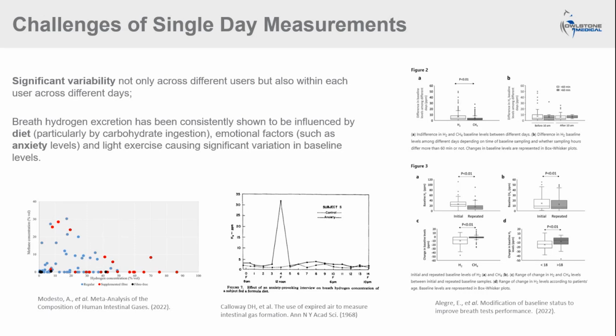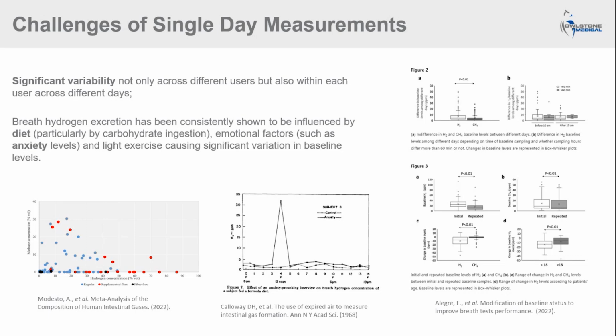And this high variability presents challenges for research specifically, where you might want to understand hydrogen and methane responses to, say, particular foods in a more real world setting, so without strict standardization of diets and lifestyle. Or, for example, when you want to understand the impact of an intervention like a probiotic on hydrogen and methane production.